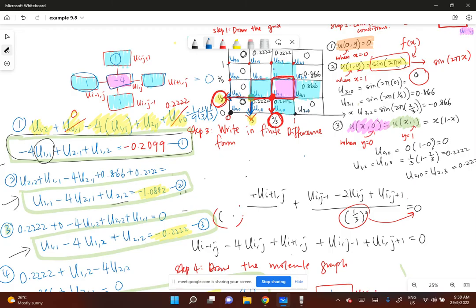Okay, so this one is U22 plus U11 minus 4U21 plus 0 on the right side.